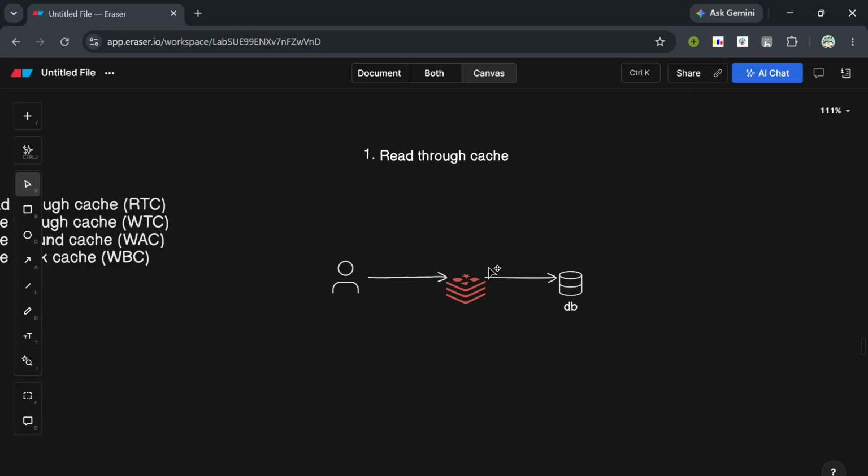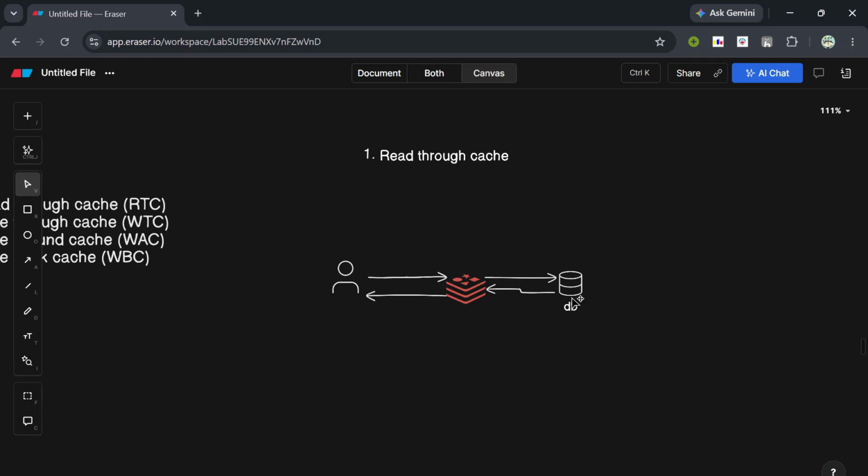So whenever we need to read some information from our application, we read it through the cache first, and if it is present in the cache memory, then it will be retrieved in a very fast manner and returned to the user. But if the data was not present, then we will query our database, and it will take the normal query response time, and the data from the database will be returned to the user.